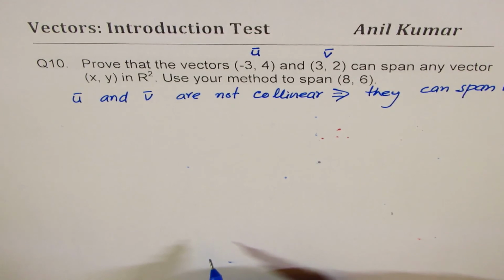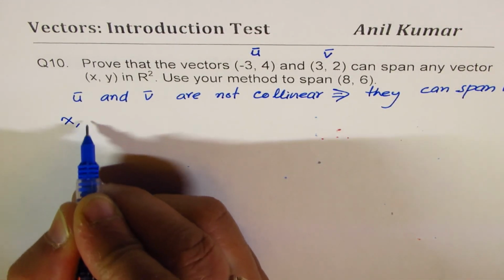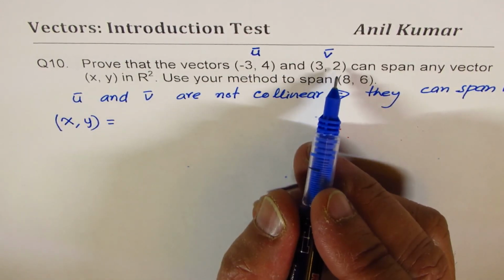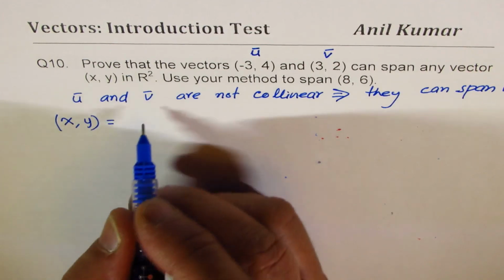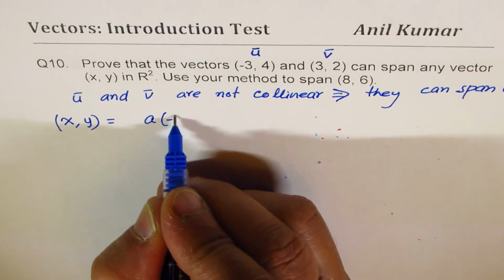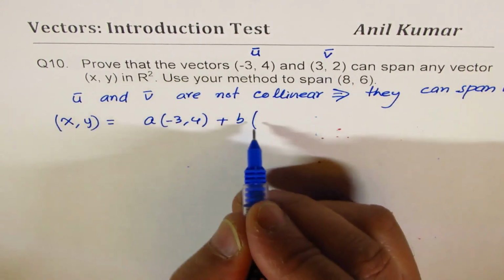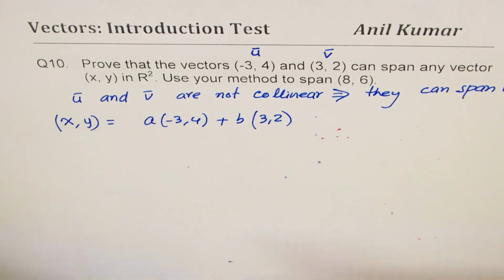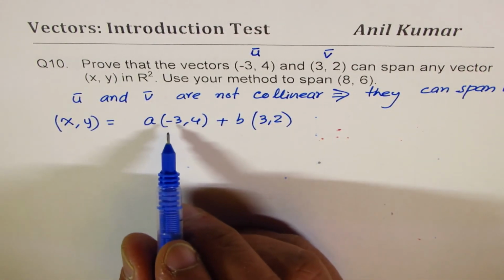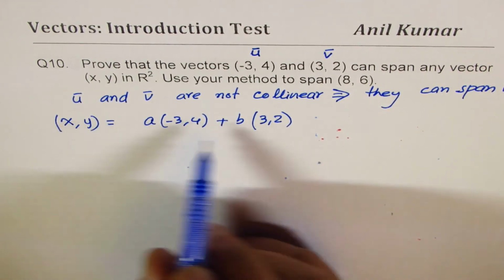When I say they can span R2, it really means that I should be in a position to write any vector (x, y) as a combination of these two. A combination really means A times the vector u, which is (-3, 4), plus B times the vector v, which is (3, 2). That is what we mean, where A and B are not both 0, of course.